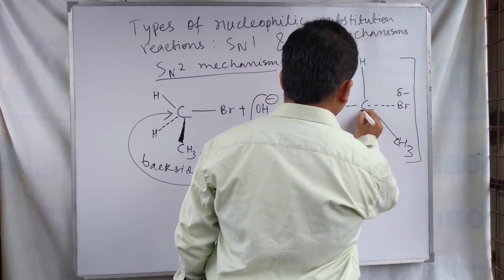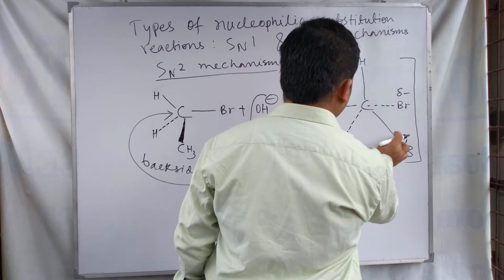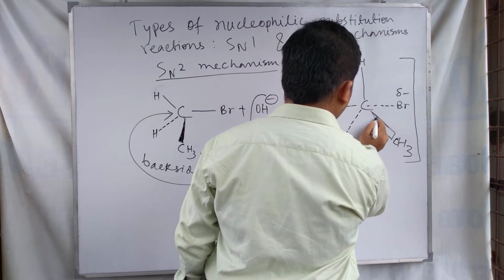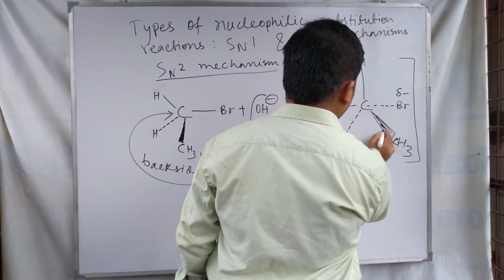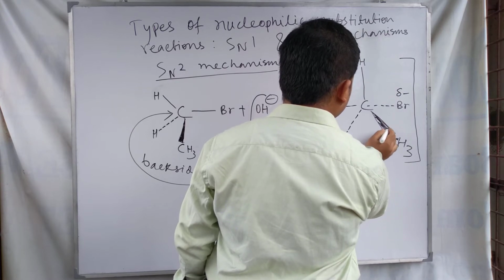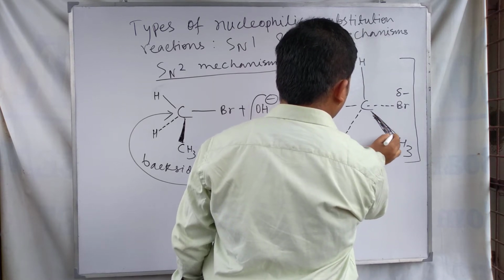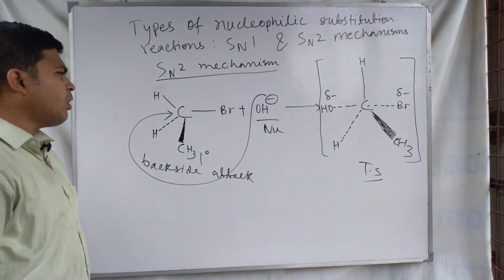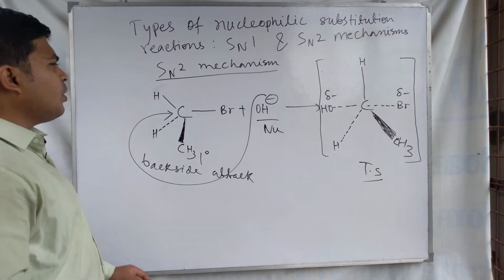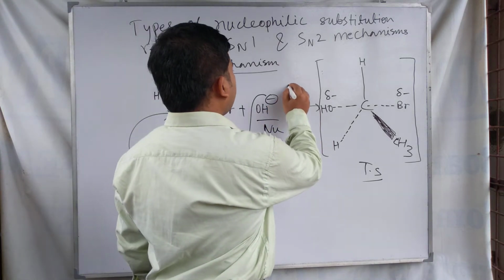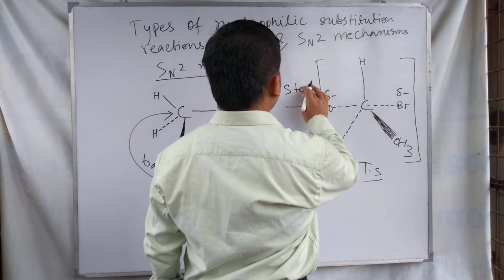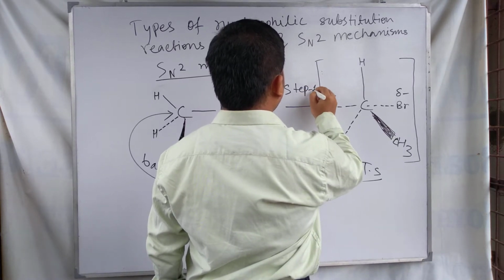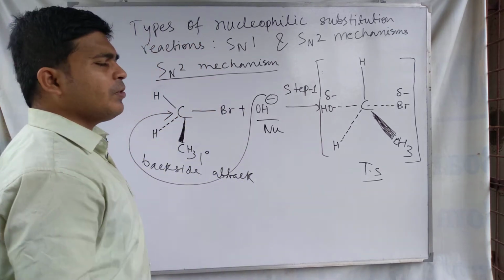You can also use a three-dimensional structure to show the SN2 mechanism. So this is step 1, and it is a one step process.